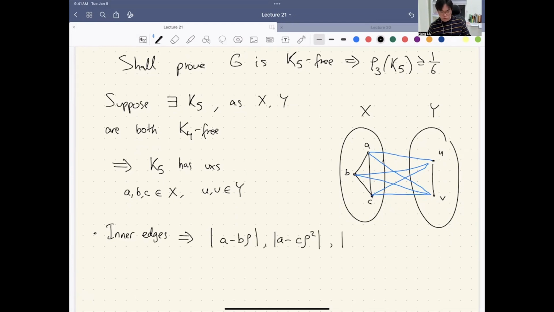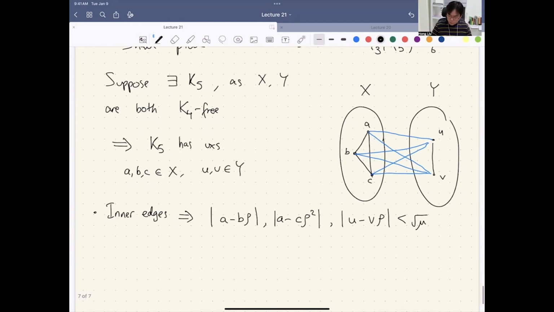And also U and V satisfy this. It's less than square root mu. Okay, this is what we know, where 1 plus rho plus rho squared equals 0. Rho is the cubic root of unity.